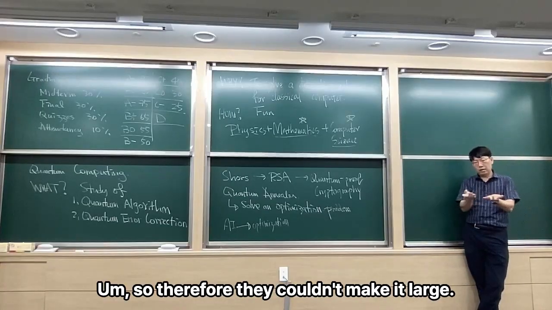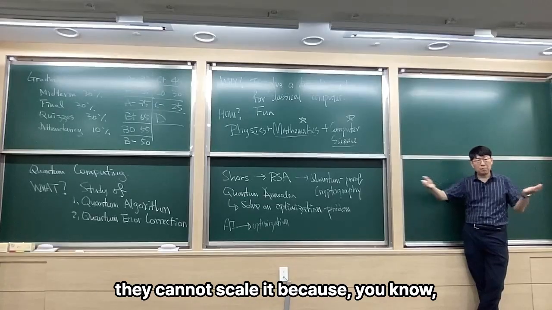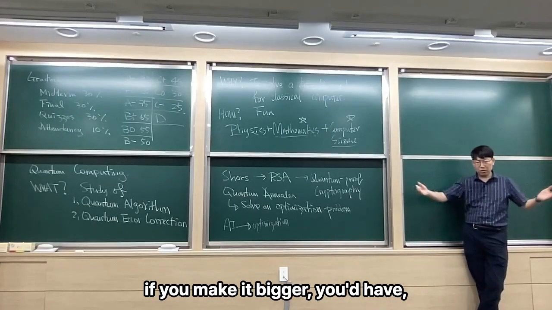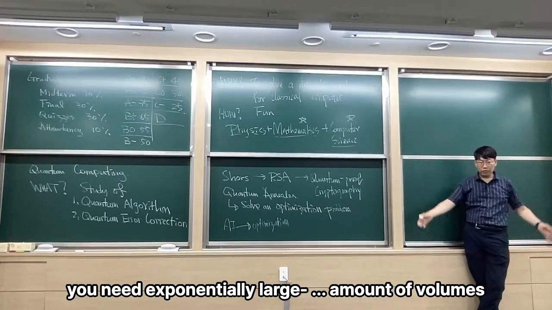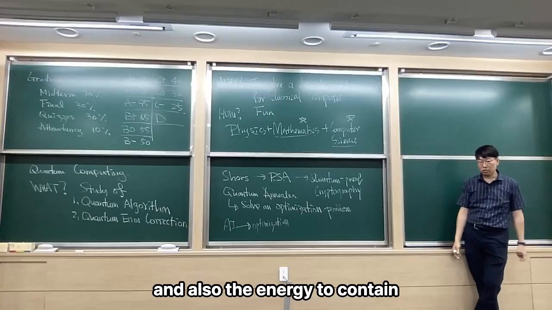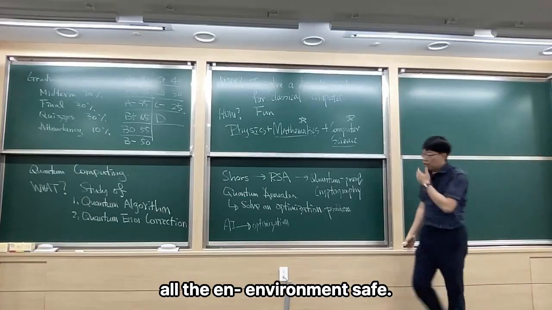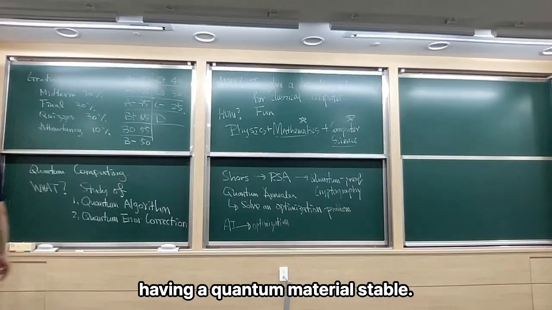Therefore, they couldn't make it large. They cannot scale it, because if you make it bigger, you need an exponentially large amount of volume and energy to keep the environment safe. So that's the main difficulty, having a stable quantum material.